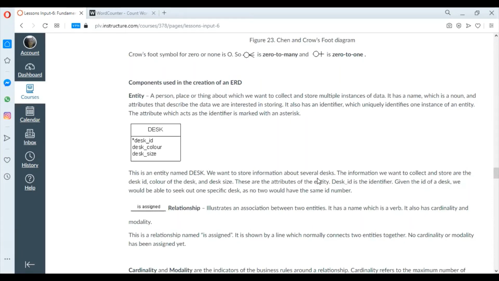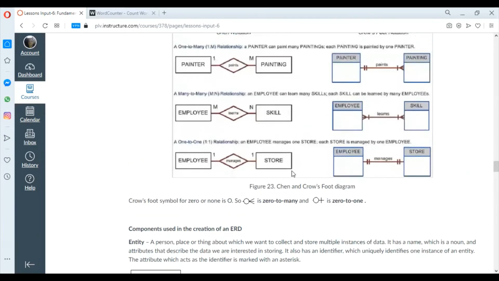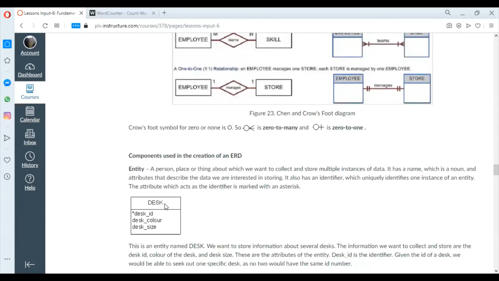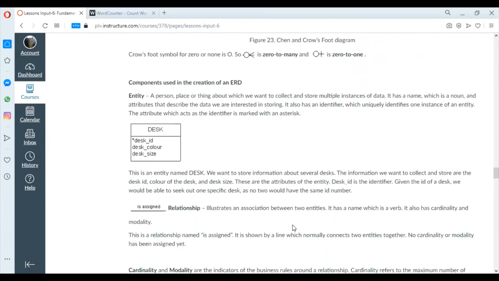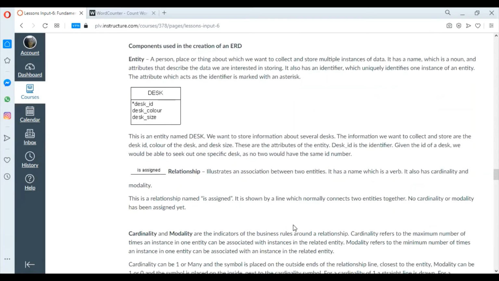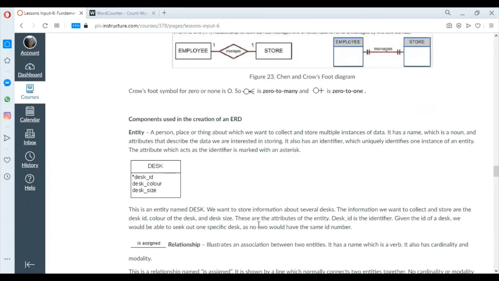Components used in the creation of an ERD. As I've said, we have here an entity. Take note, in this example, we are using an entity wherein the entity or object name is separated by a line. When creating a class diagram, we could also include the attributes on the bottom part after the line.